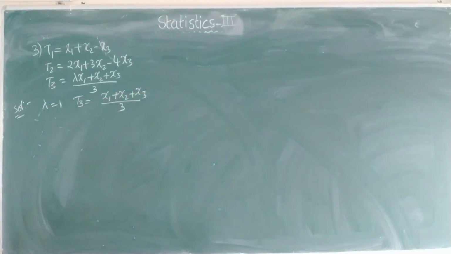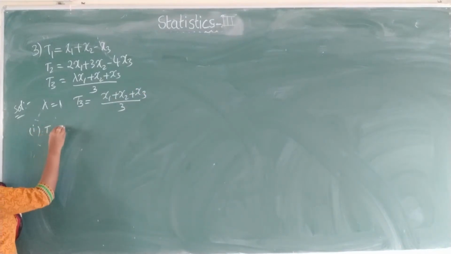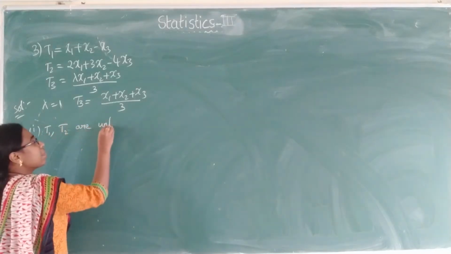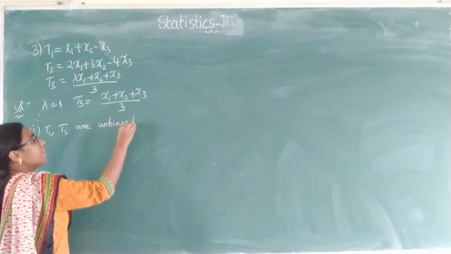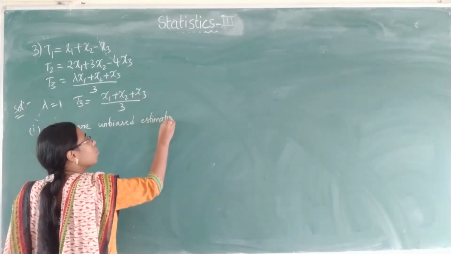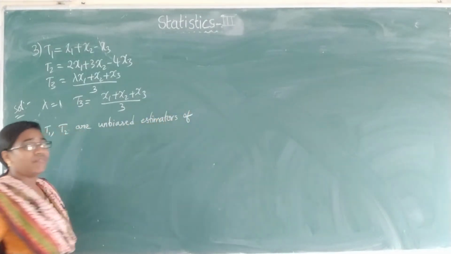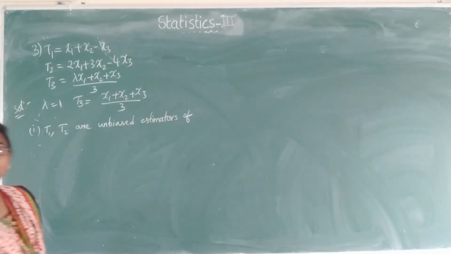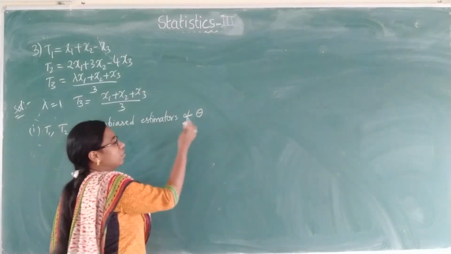So from our first bit we got that T1 and T2 are the unbiased estimators. They had given us to prove that T1 and T2 are the unbiased estimators of mu.